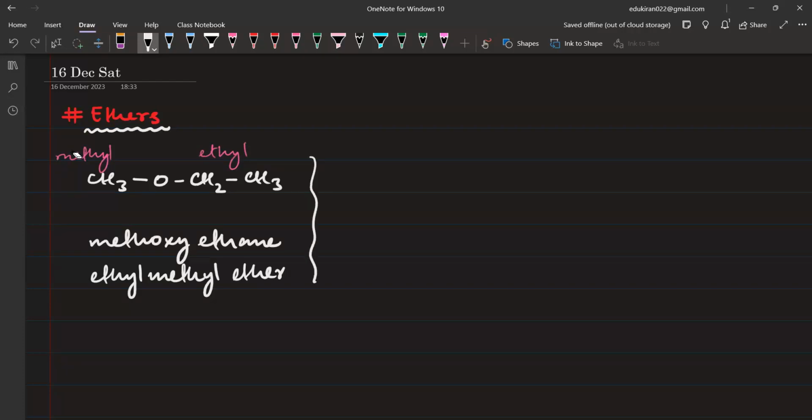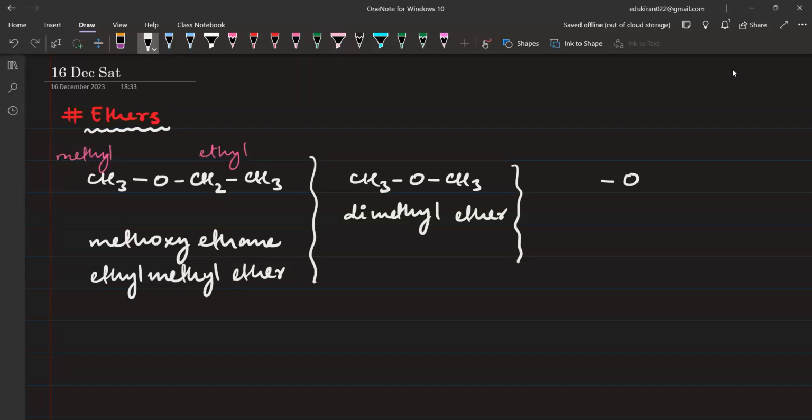Similarly, if you have CH3O CH3, this is going to be what? It's going to be dimethyl ether. Fine. Now there is one ether that is very important. So for example, you have carbon here, and this carbon atom has three CH3 groups.